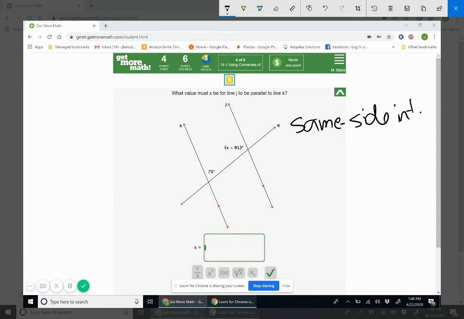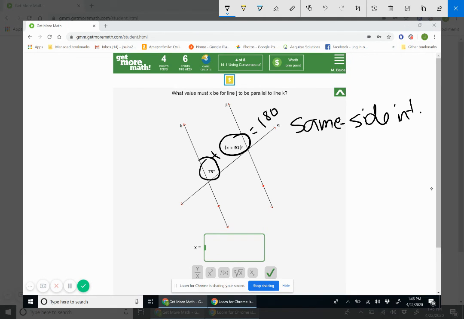Same side interior angles are slightly different from all the other ones. Same side interior angles are supplementary. That means that this one plus this one equals 180. That's what supplementary means. They add up to 180.